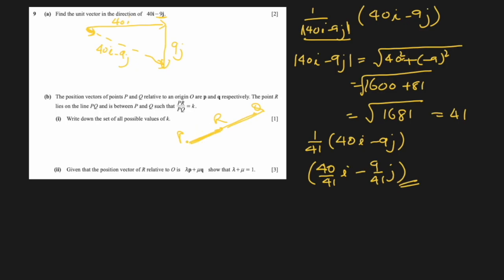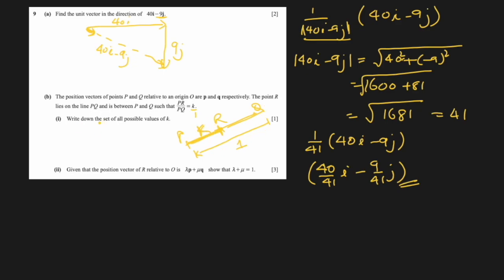The ratio of PR and PQ is k. That means this is k and this whole thing is 1. Can I write k equal to k over 1? So if PR is k, in the ratio the whole PQ is 1. That means k will be less than 1.